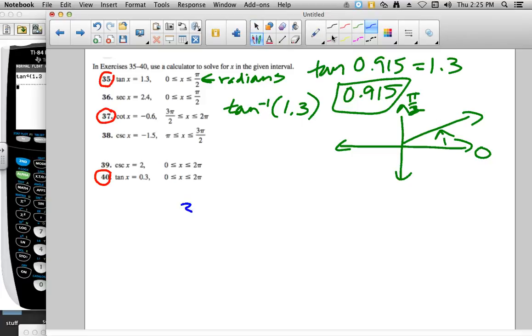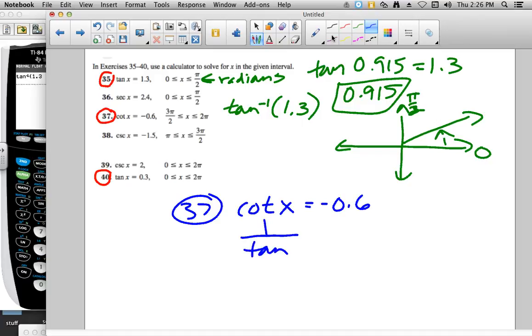So with 37, things get a little weird because we don't have an inverse cotangent button on the calculator. No, we don't, but we do have tangent. And that is what cotangent is. So you could slap a 1 under here, do a little cross multiplying, and divide both sides by that little negative 0.6.